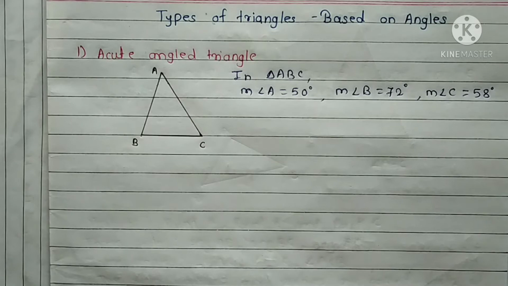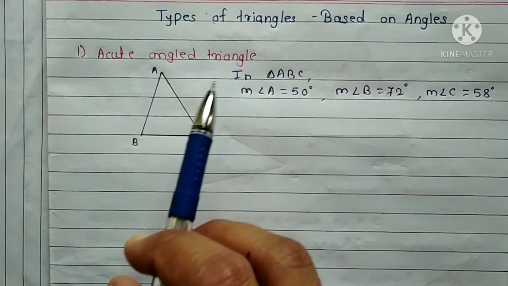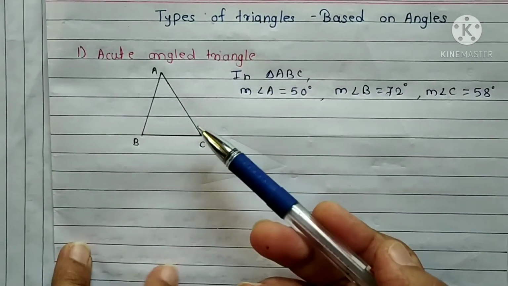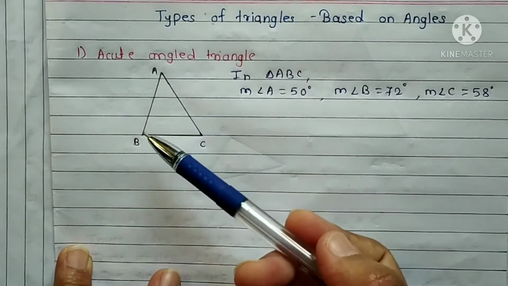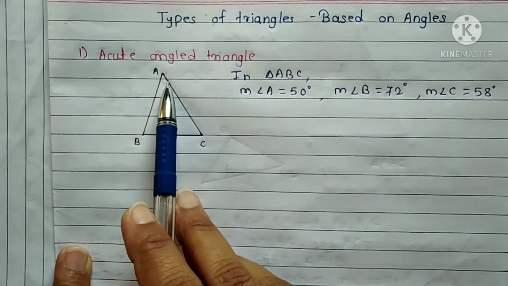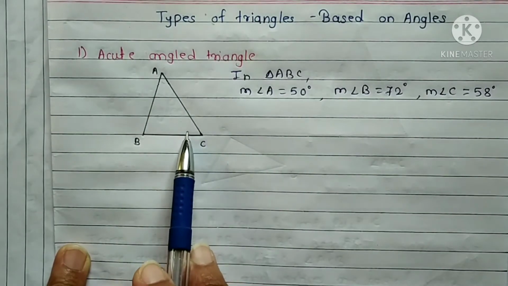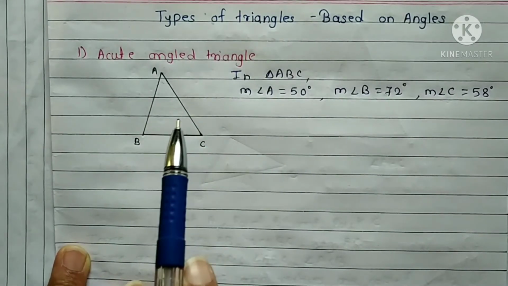Now we will learn types of triangles based on angles. First type is acute angle triangle. See this diagram. In triangle ABC, measure of angle A equal to 50 degree, measure of angle B equal to 72 degree, and measure of angle C equal to 58 degree.